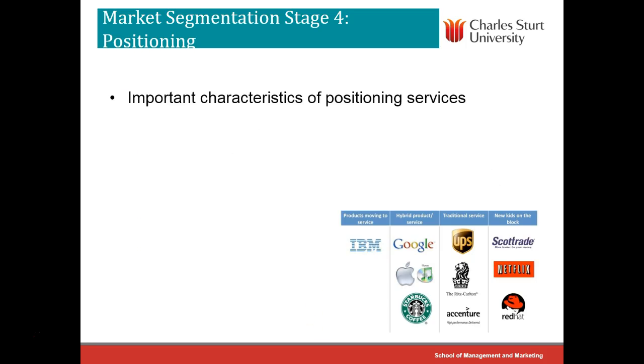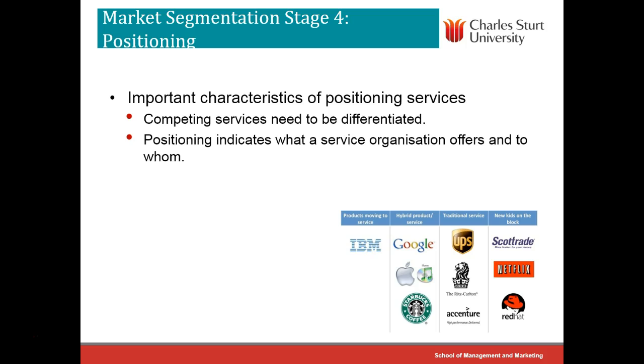Some important characteristics then of positioning services. Well, you need to do something different, or you need to stand out so that people will not make a decision over price. The diagram below shows you some organisations, some service brands, which have, I suppose, provided or differentiated themselves in various ways.